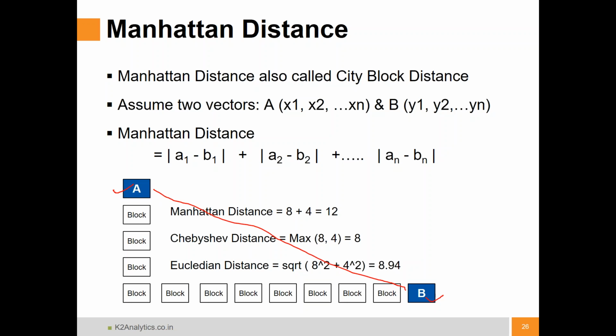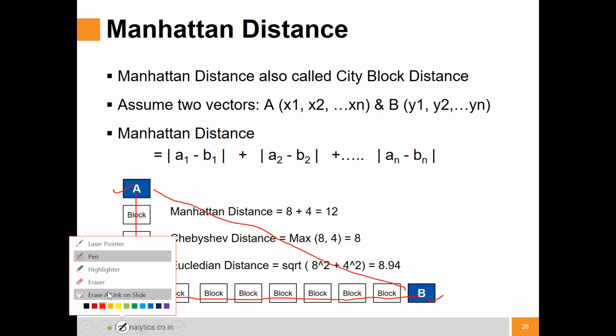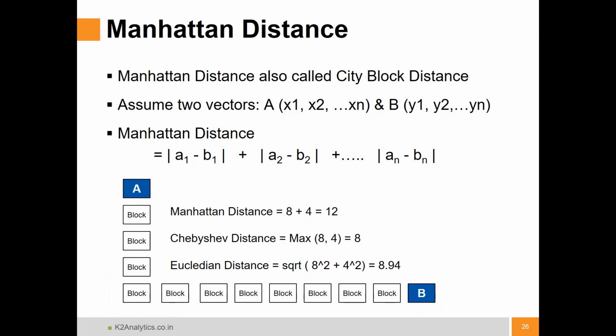If the road goes from A to this point and then from here to here, and that's the only route available, then that's the distance. You are not going to fly from A to B, so there's no point having a Pythagoras distance. City block or Manhattan distance is typically used in logistics and supply chain scenarios, where it would be more preferable.